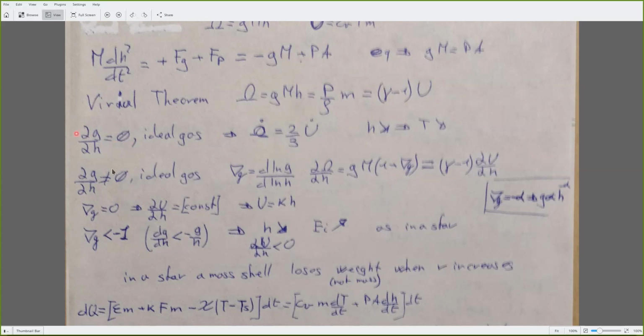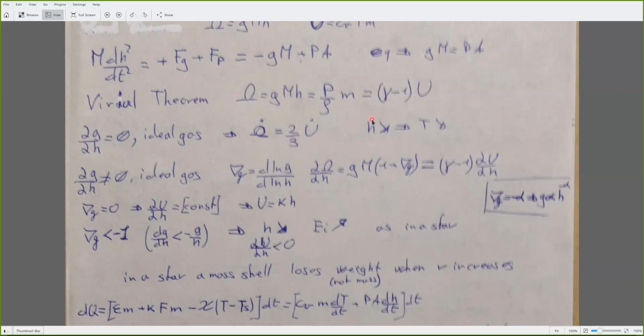In the case where the acceleration of gravity doesn't depend on the height, as a classical approximation on the surface of the Earth, because we have a small variation so it doesn't change a lot, in an ideal gas, the variation of the potential energy is equal to 2/3 of the variation of internal energy.